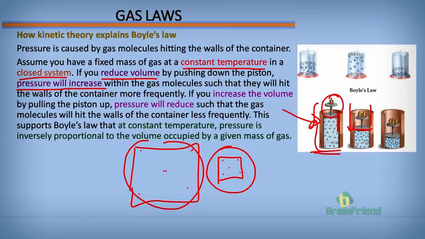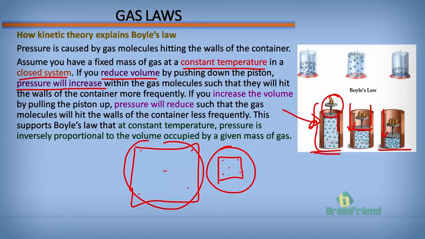And if you are to further reduce volume, like we see in this third container, we'll see that pressure will also further increase, because the lesser the volume, the higher the collision with themselves and with the walls of their container, so pressure will increase. That is what Boyle's law is telling us, that when we reduce volume, we are likely to increase the pressure of the gas molecules.